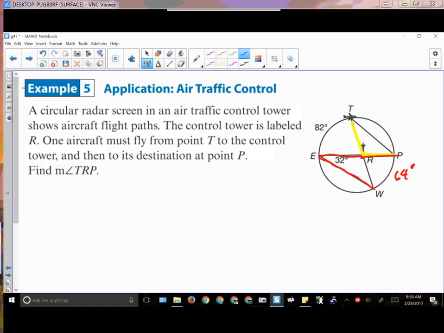Now the problem is I can't do that to this angle, can I? Is that the center? No, it doesn't look like the center, so I can't use this angle. But I see that I have this running over to here. So this angle in here would be how many degrees? 41.